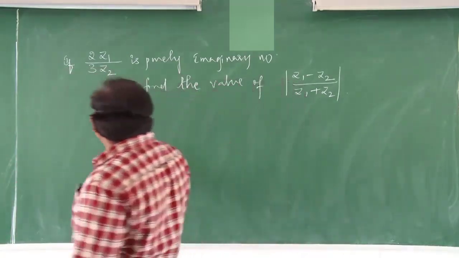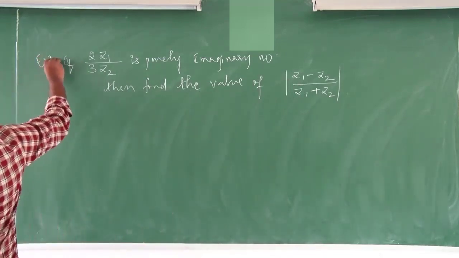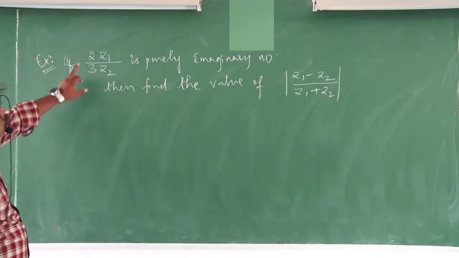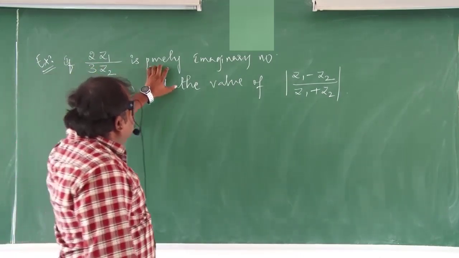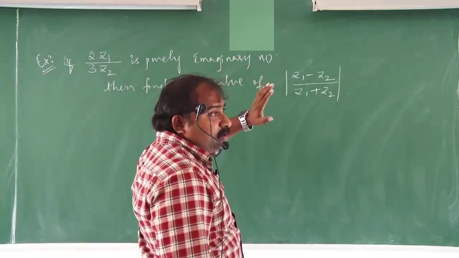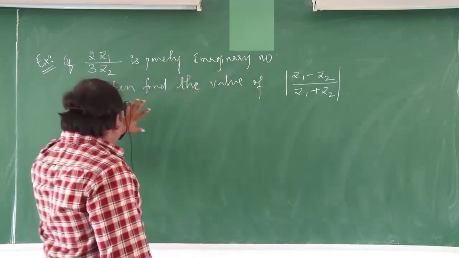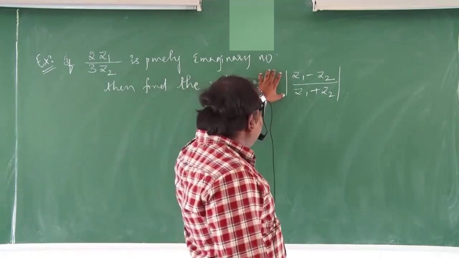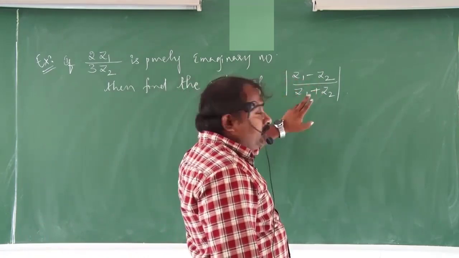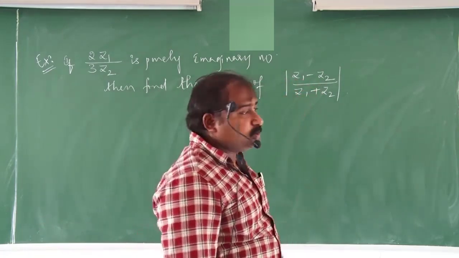If they mention, this is the example they have given: 2z1 by 3z2 is a purely imaginary number. Then find the value of modulus of z1 minus z2 by z1 plus z2. How can you calculate this value?